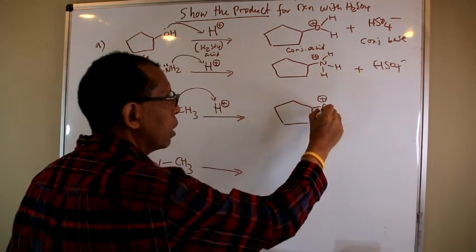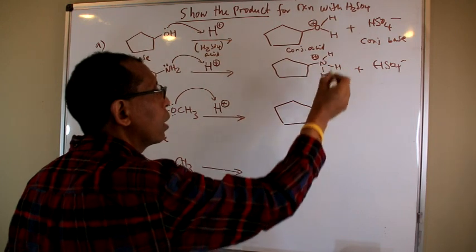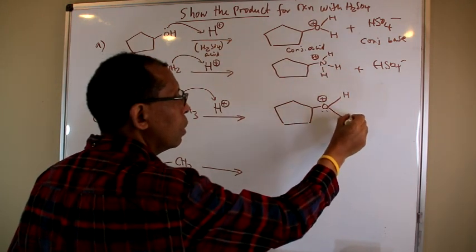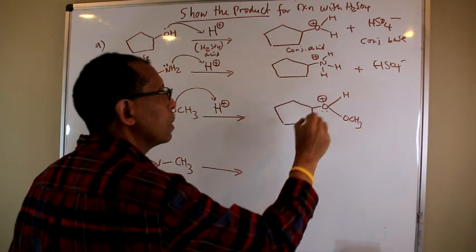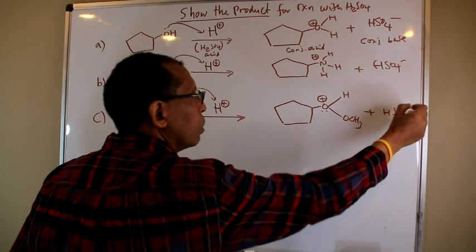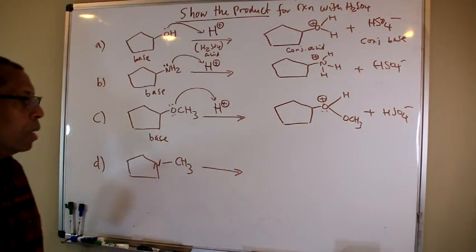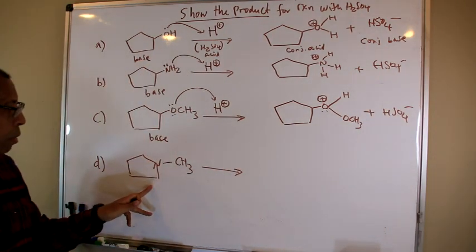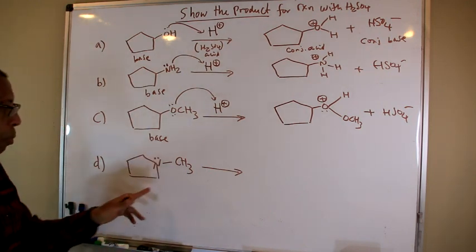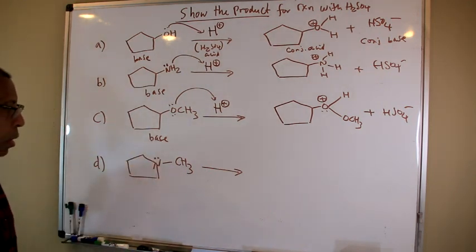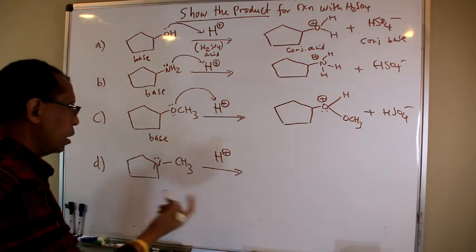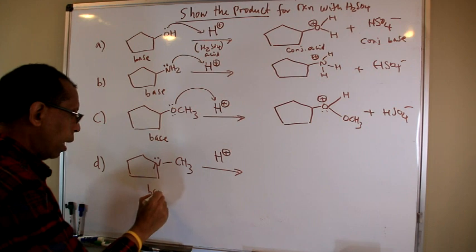This is protonated now because a pair of electrons has been transferred, OCH3. Now that's the conjugate acid. That is a conjugate base. In this case, you remember the lone pair of electrons on nitrogen are the ones acting as a basic site.